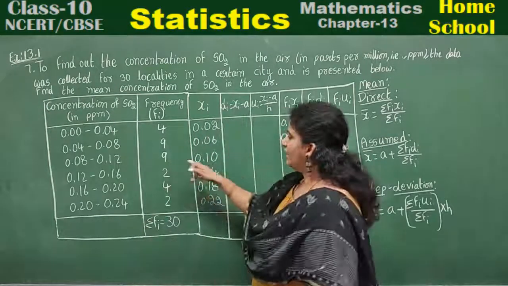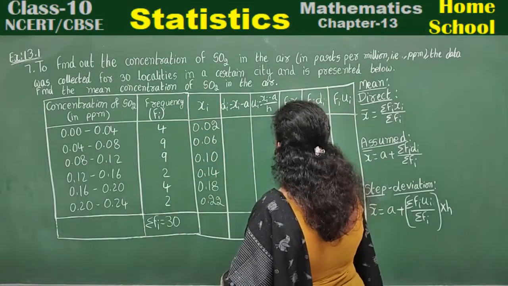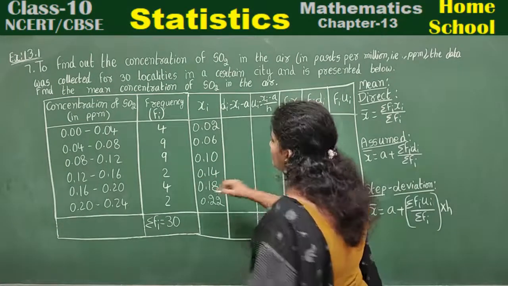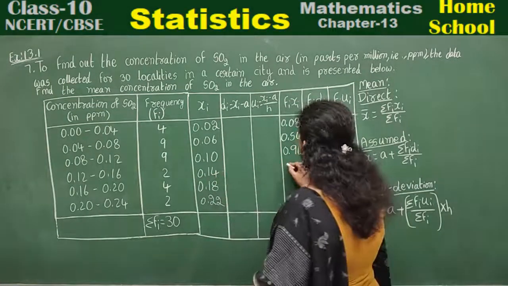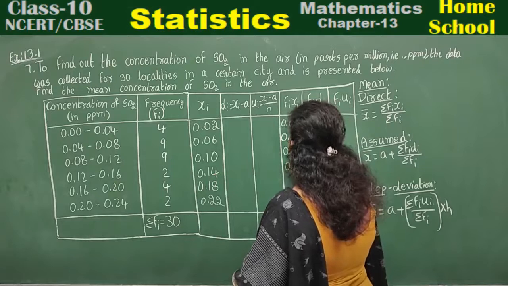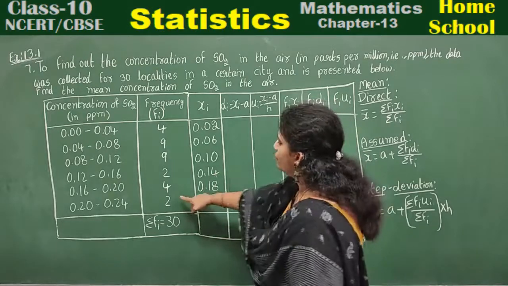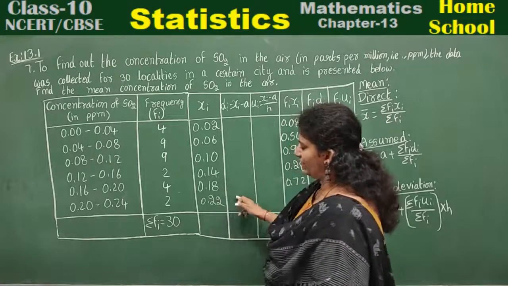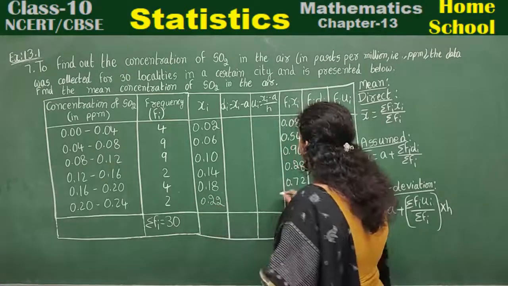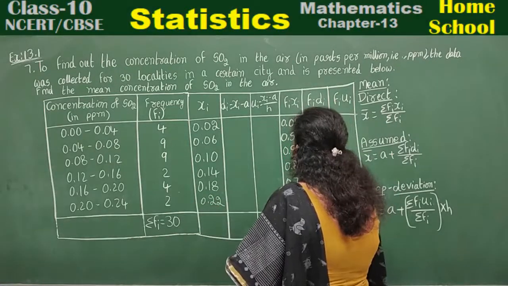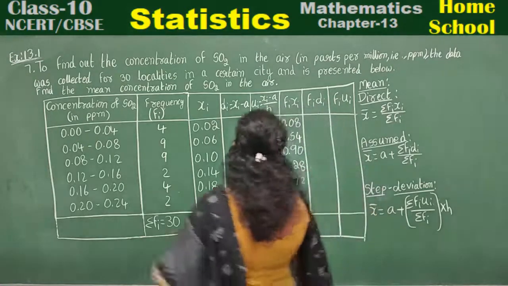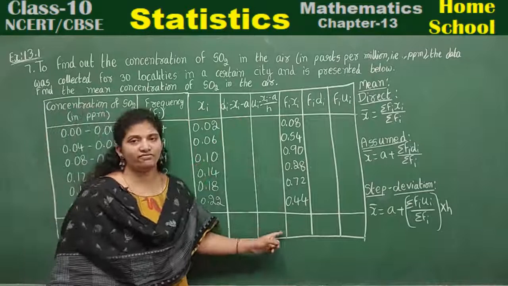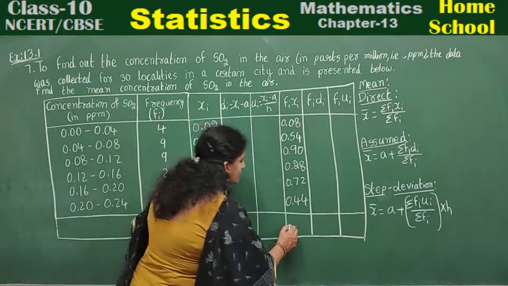Next one, 9 into 0.10, 0.90. 2 into 0.14, 0.28. 4 into 0.18, 0.72. 2 into 0.22, 0.44.